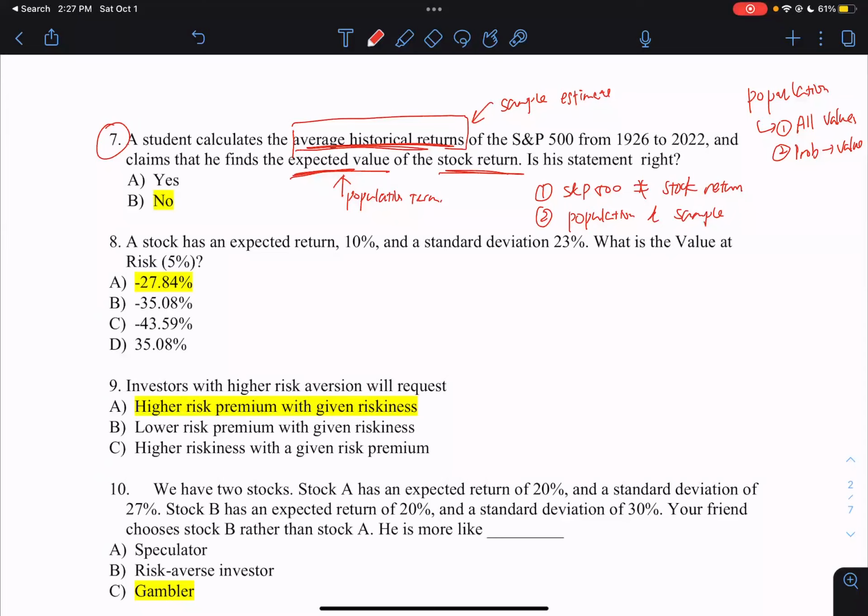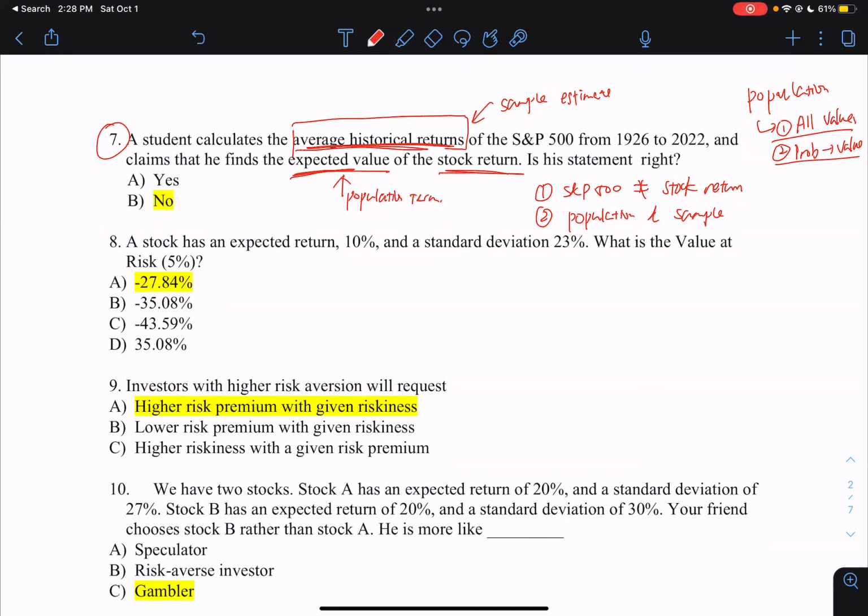Exactly. But as I said, if you use a sample to calculate the average, you have a good proxy for the true one, the exact expected value. I see, but it's still an estimation. Yeah, it's still an estimation. It's not the value. It's an estimation. I see. Yeah, that's clear. Okay.